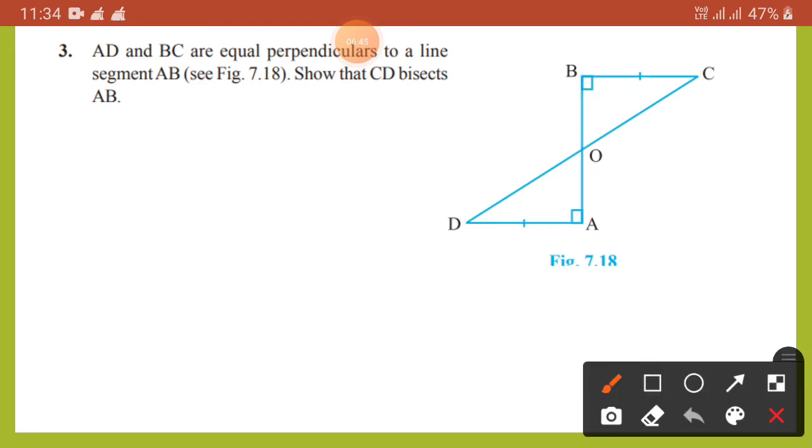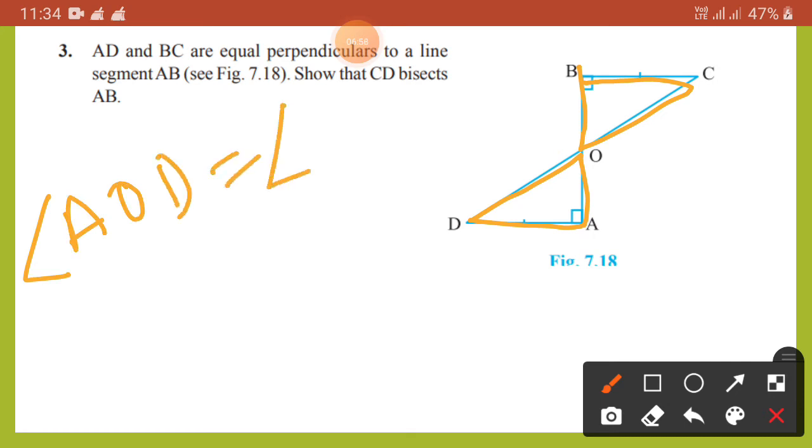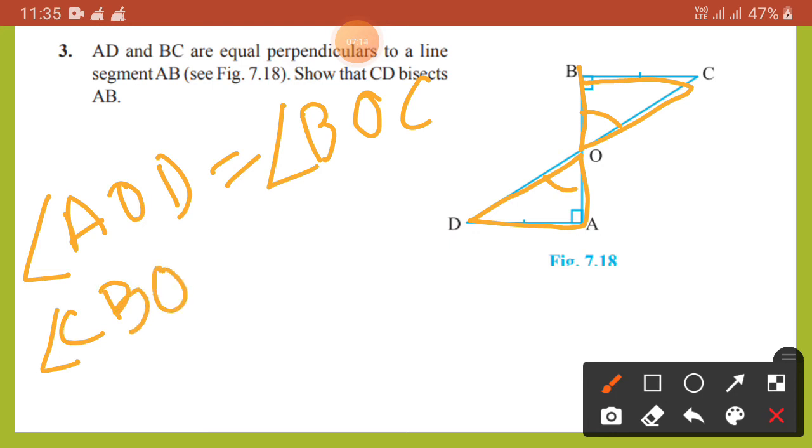In triangle AOD, this triangle, and triangle BOC, this triangle, we have angle AOD equal to angle BOC. Why? Because these are vertically opposite angles. Next is angle CBO equal to angle DAO.